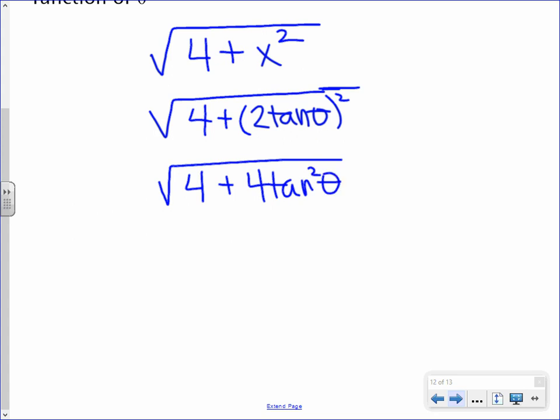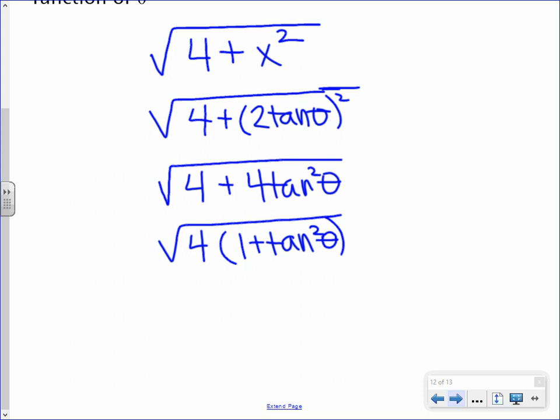Alright, so underneath that radical, do you see anything common? 4. We can't just say, oh cool, 2 plus 2 tangent theta. No, no, no, no, no. You can't take the radical and break it up with an addition sign. We have to simplify it first. So we can write this as 4 times the quantity 1 plus tangent squared theta.